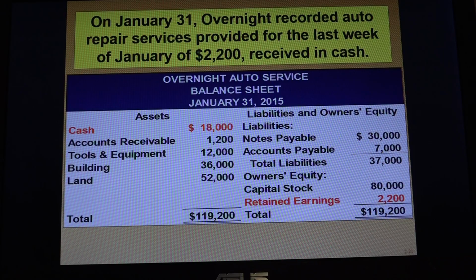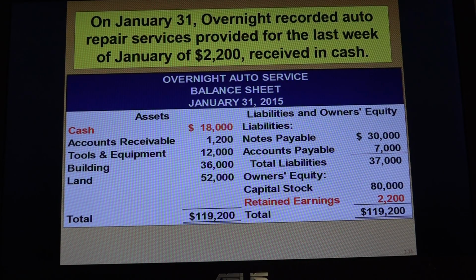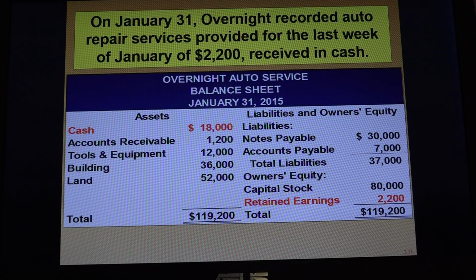So they add $2,200 to cash. Where do we put the revenues that we just received for repair services? Because that's what this is, right? Well, we don't do a very good job in this example explaining it.